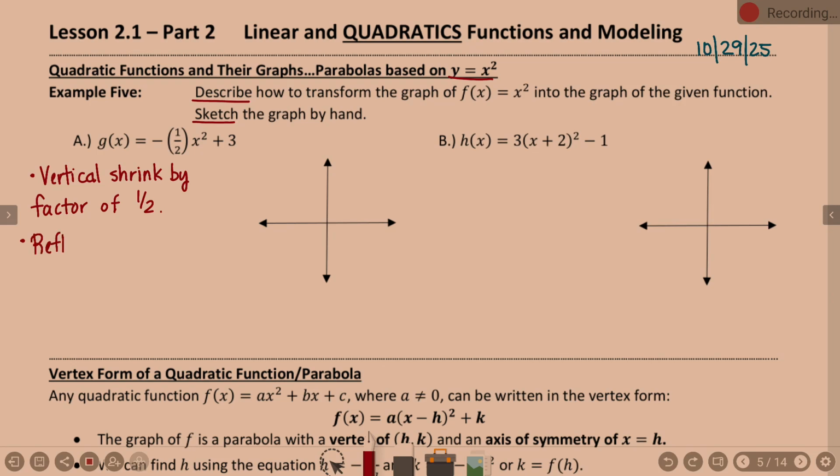There is a reflection across the x-axis, and there is a translation, so we're going to translate up 3 units. That information seemed to be all in your head somewhere. You just had to work together and hear all the right pieces.